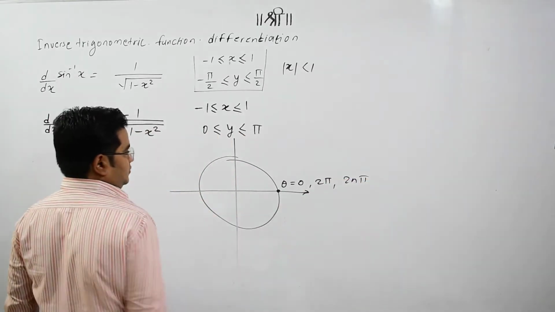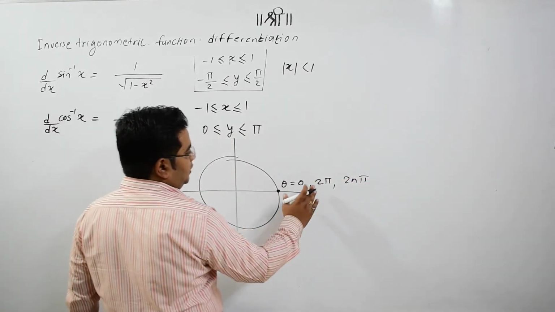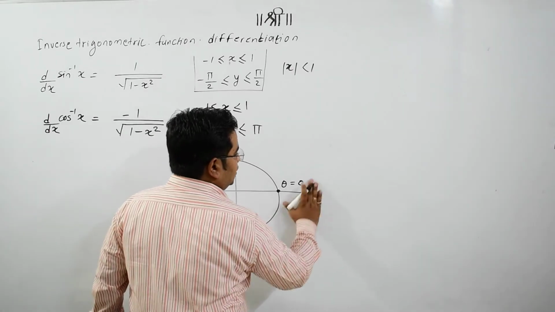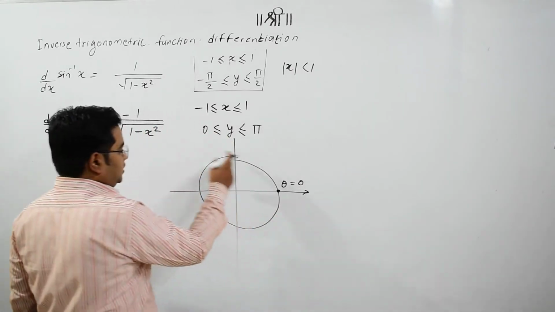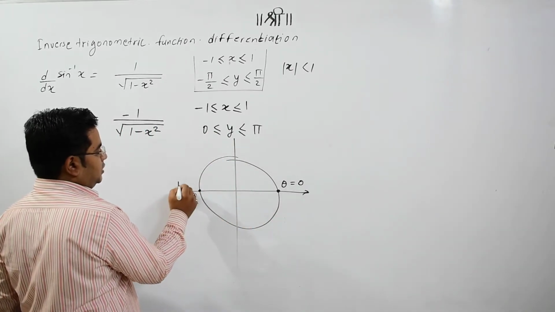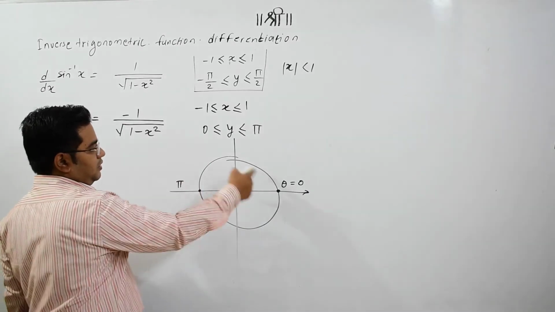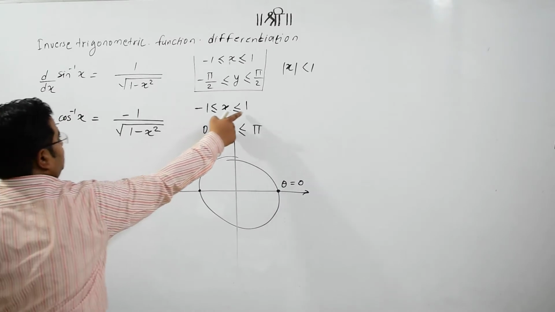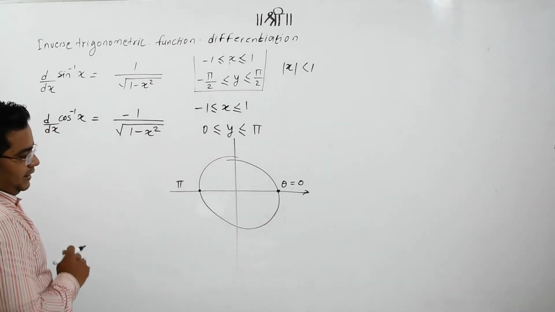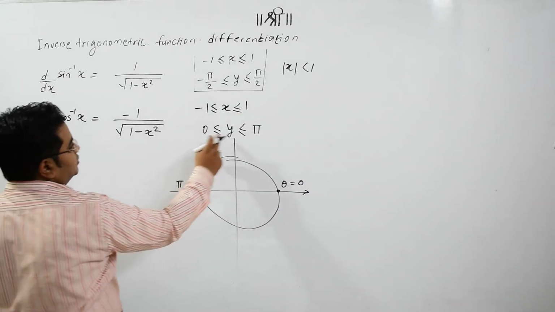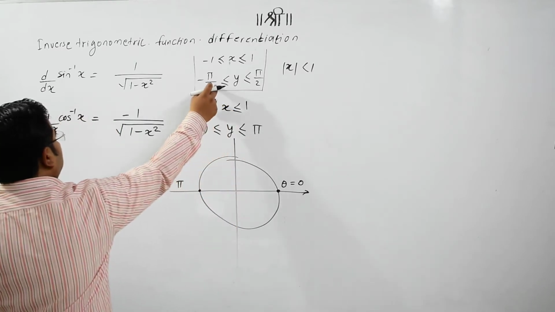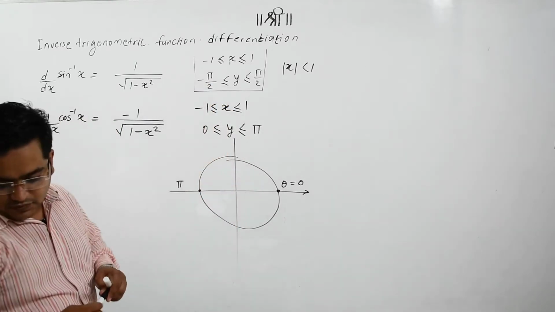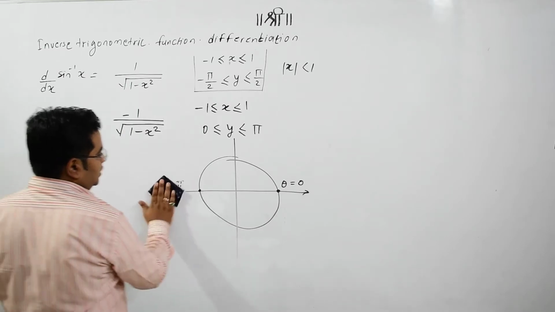We have this kind of values, but since we are in the principal solution, we require only 0, and here the maximum value is pi. Within this boundary our pi is working and our values of minus 1 and 1 are valid. Therefore we are taking 0 to pi. Same case with minus pi by 2 also. Let's see how it is possible.